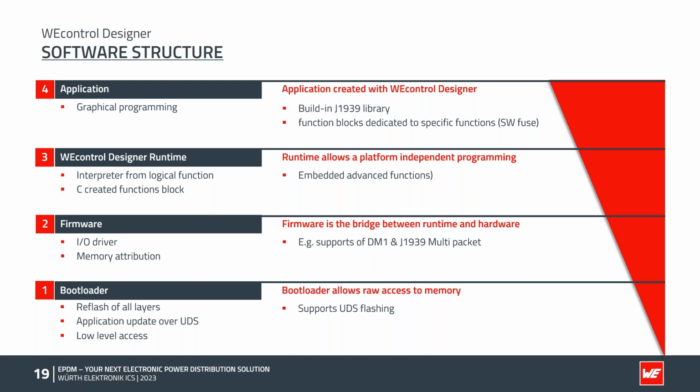We offer in this tool a wide range of possibilities. For example, we offer a J1939 built-in library or a gateway configuration tool, as well as an advanced debugging functionality, live mode, as we say.